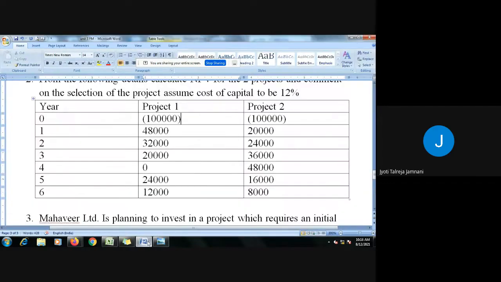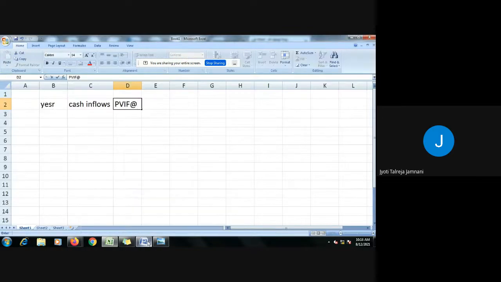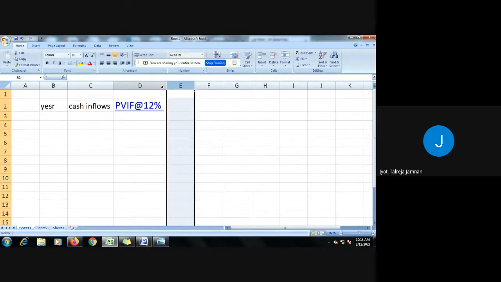What was given in the question is 12%, so we need it at 12%. Then we find the present value of cash flows.